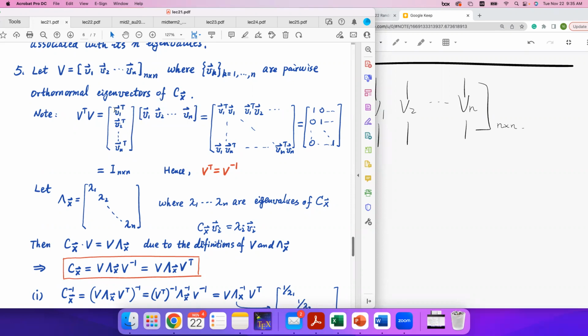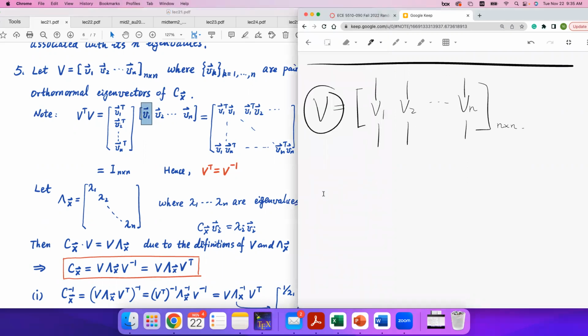So V transpose can be written in such a column-wise form, where each coordinate is the transpose of the corresponding coordinate of V. And this transpose cannot be ignored because originally each V is a column vector.